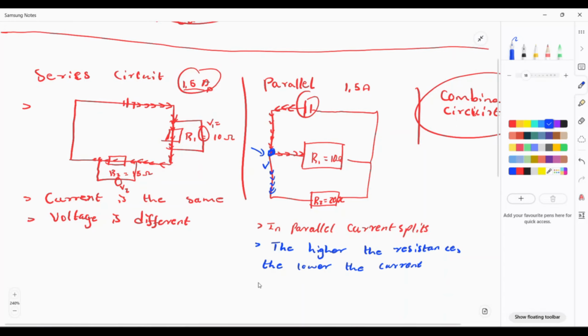And the lower the current, the higher the resistance. Okay, the lower the resistance, the higher the current.